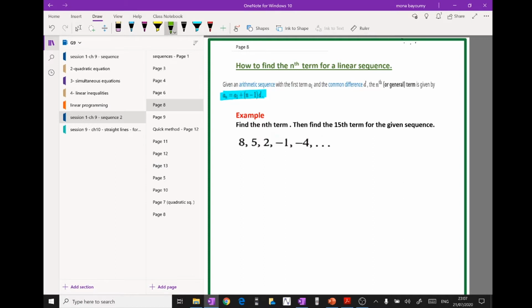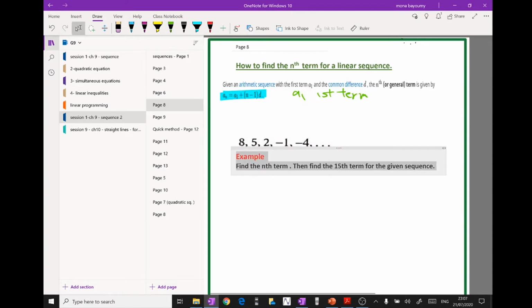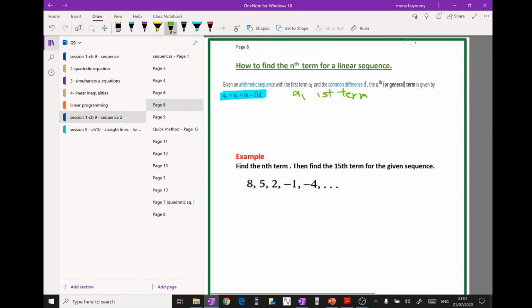A1, we learned it now. A1 is the first term. And d is the common difference.